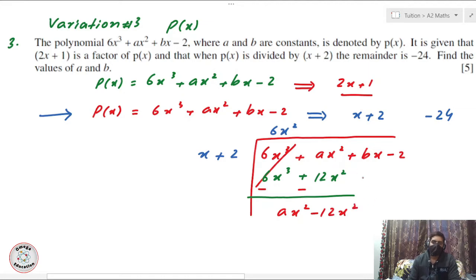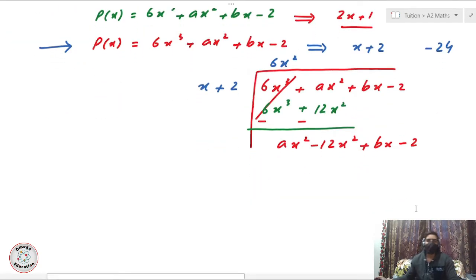If you want, you can take down the other two terms, or you can settle this one first. But I'm just going to take down plus bx for a moment, and negative 2 as well. It doesn't matter which way you follow, it would be accurate anyway.